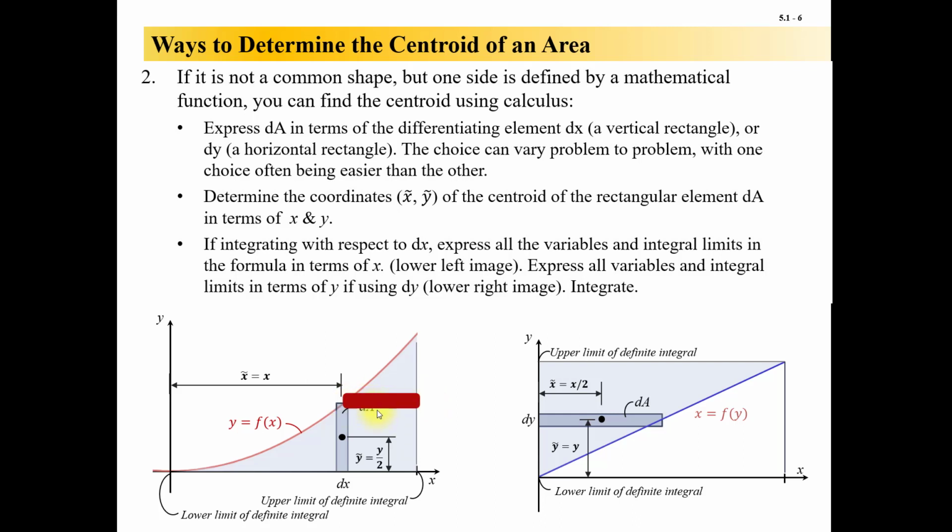And where is its centroid? Well, it's not going to be at x anymore, or x over 2. It's actually going to be at your x value plus half the distance between here. So it would be like x plus the upper bound divided by 2. So it can get more complicated.